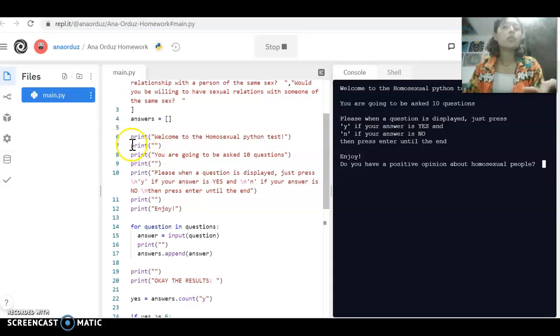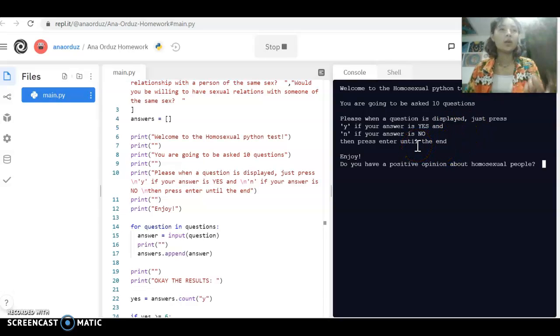Okay, so these are normal prints that I use so that the text will show up in here. This one has something special, and it's this \n. This is basically for aesthetic purposes, so that this wouldn't look like one whole long line; it works like pressing enter in Word.